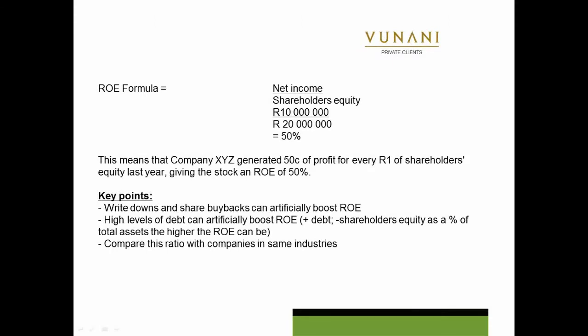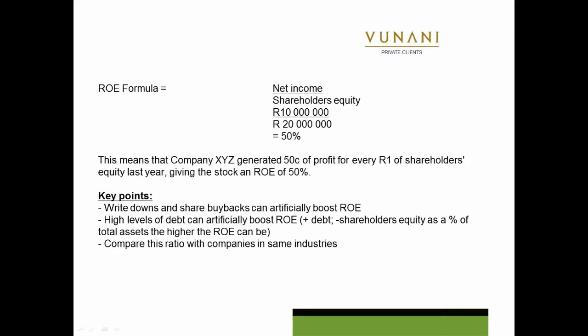Therefore, that would increase the bottom line there from 50% maybe to 60%, whereas they haven't necessarily done anything great operationally. Maybe they haven't been innovative or brought a new product or tried a new marketing strategy, but they just played around with those figures. So that's something you need to be aware of.